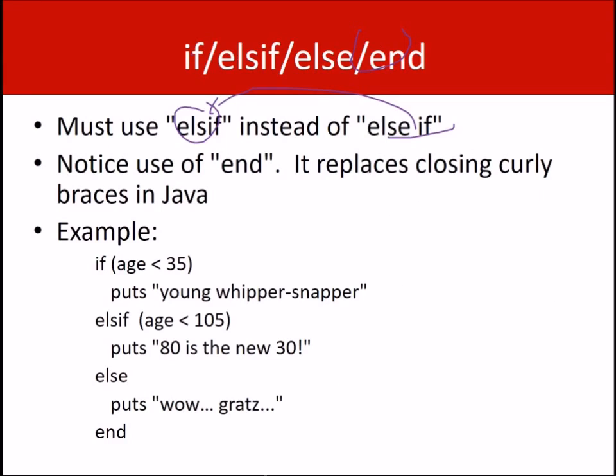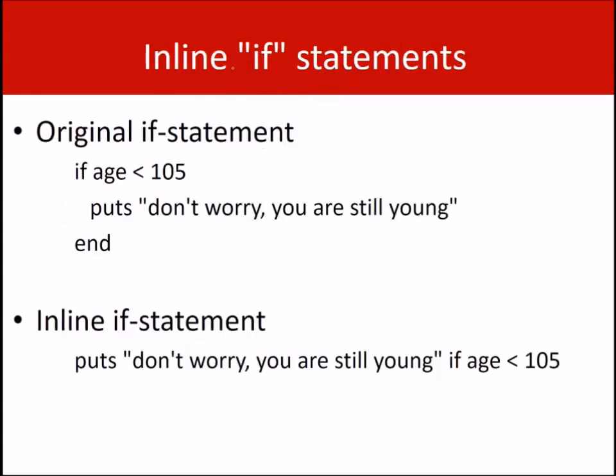If age is less than say 30, put this one. Else if, only e-l-s-i-f, no e, then you put an end here, right? It indicates and directs your interpreter that okay, this has come to an end.